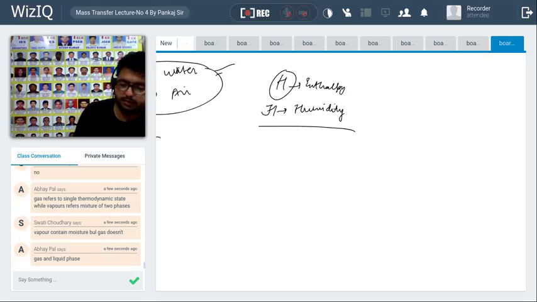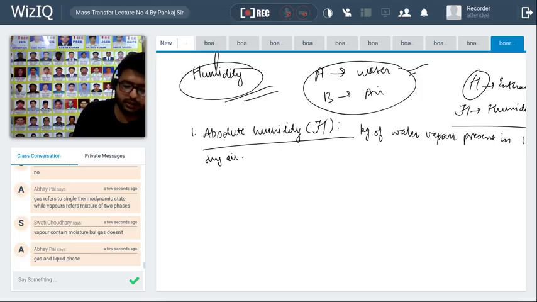Absolute humidity is known as the kilogram of water vapor present in 1 kilogram of dry air.